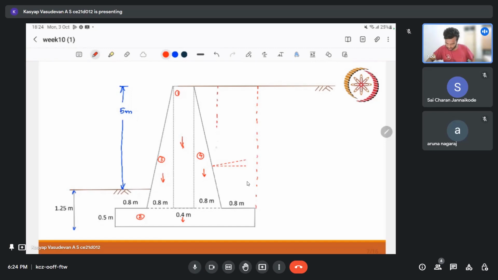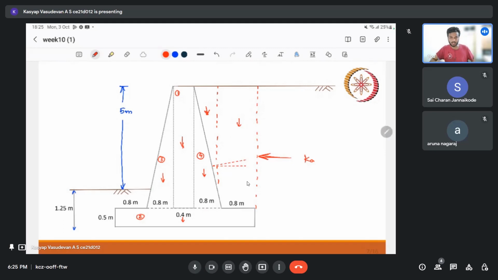So we can assume that this soil also will be considered as contributing for resisting moment, and we will check the lateral earth pressure here. So we'll have a horizontal lateral earth pressure. Using Rankine's theory, we can get the K value, and using that we can calculate, and we will end up getting these 1, 2, 3, 4, 5, 6, 7 loads.